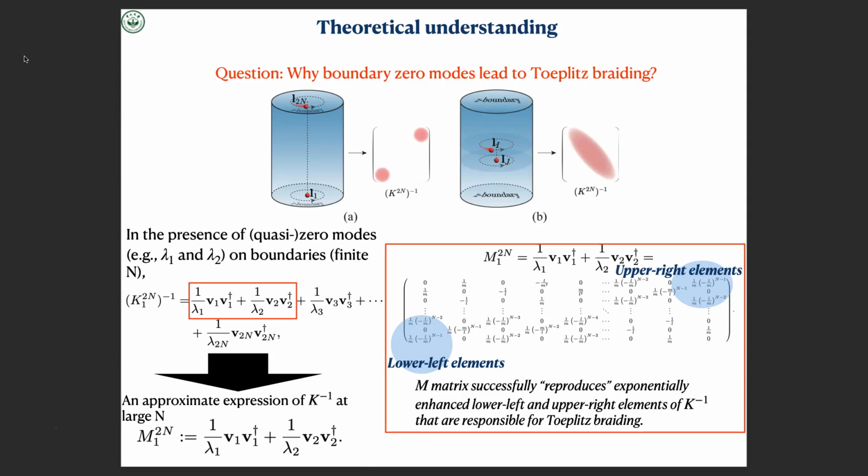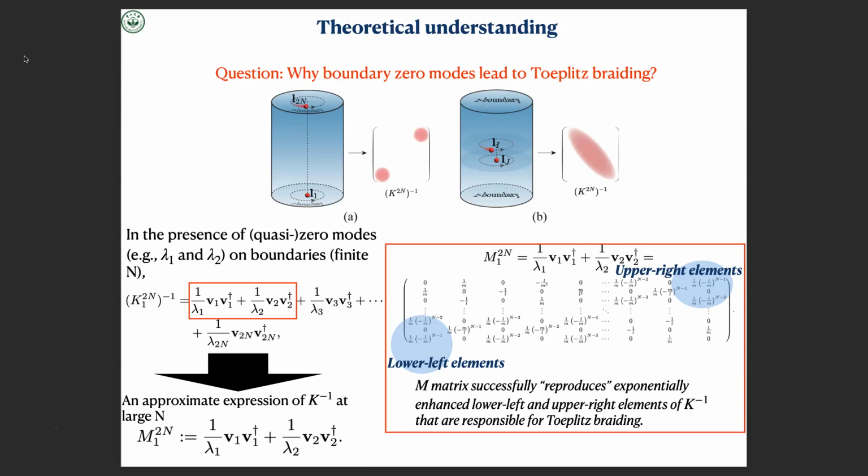But here what I want to say is that we have this translation invariant K matrix, so this Toeplitz matrix. Once you increase the system size, you must preserve this translation symmetry. So this identity may be avoided.